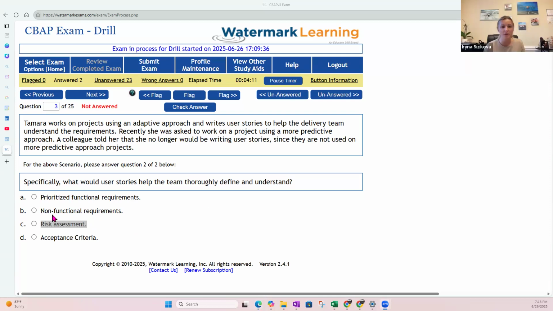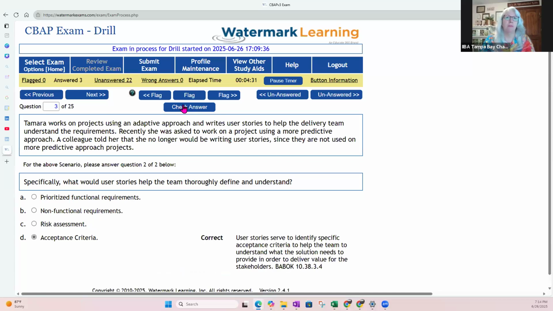Yeah, D might be an answer. Okay. So we don't like this one because it's very specific and it eliminates all other kinds. Right. This is functional requirements. What happens to non-functional requirements? And this one's only non-functional requirements, and it's not limited. So acceptance criteria is what we're going to choose. Yep. User stories help to identify specific acceptance criteria to help the team understand what the solution needs to provide in order to deliver value for the stakeholders. Very good.